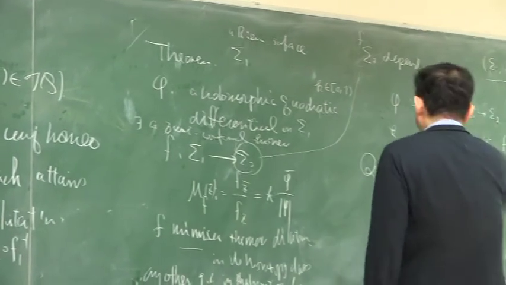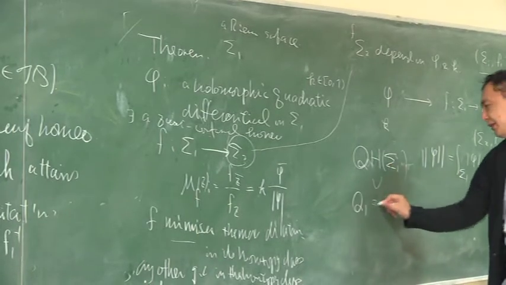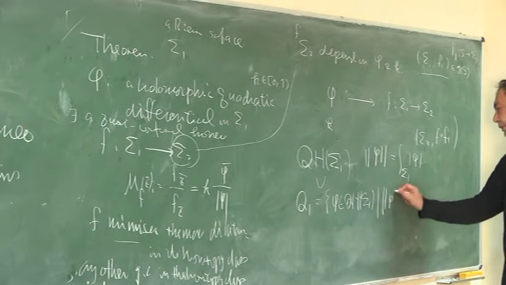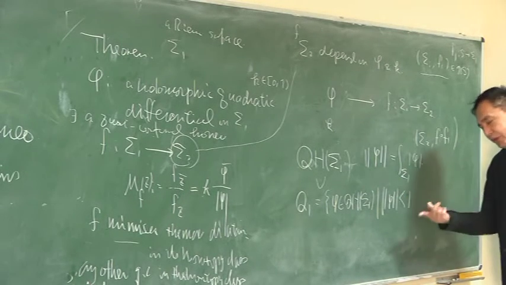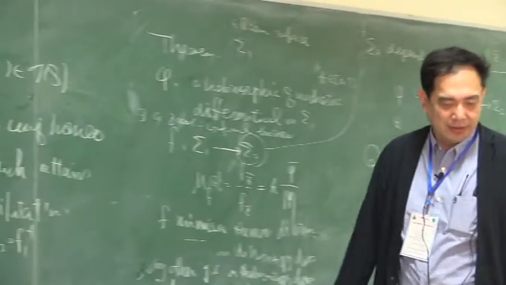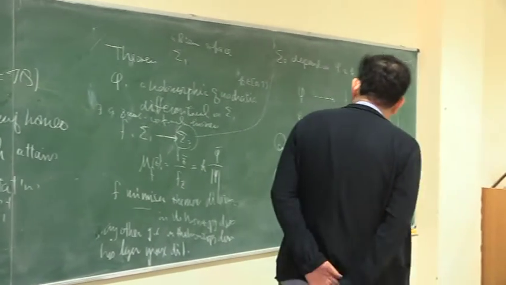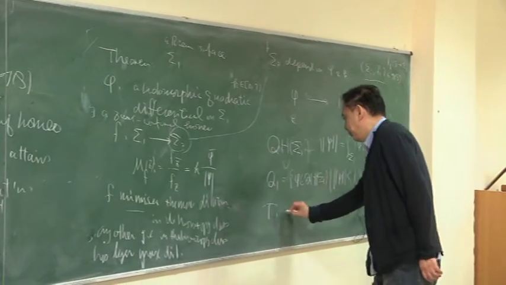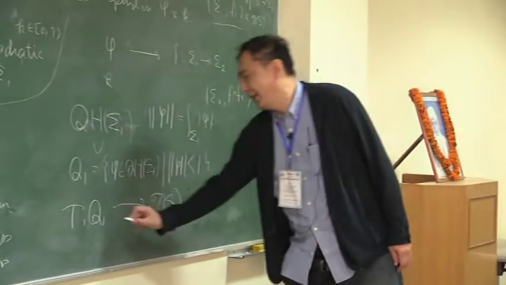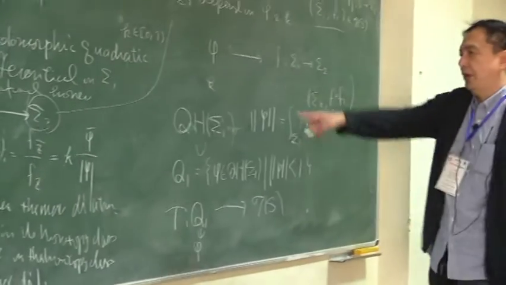Now we consider the unit ball in this linear space. It's the set of holomorphic quadratic differentials whose norm is strictly less than 1, the open unit ball, Q1. Now you can define a map from Q1 to Teichmüller space by sending a holomorphic quadratic differential phi to a map.